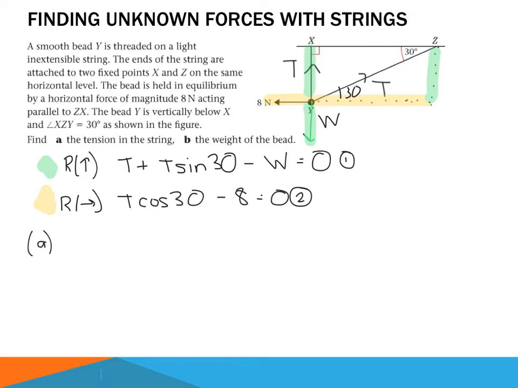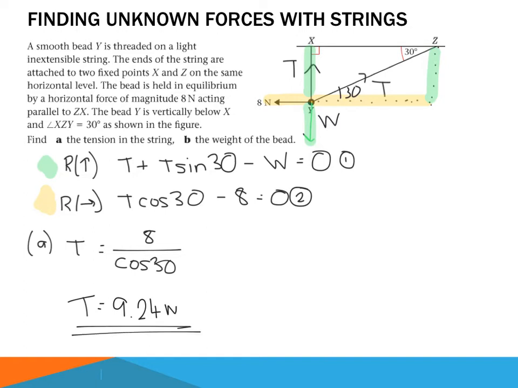So if we rearrange that, we're going to have T equals add the 8 and then divide by cos 30, giving us a tension of 9.24 newtons, correct to 3 significant figures. Then we look at part B, which is finding the weight of the bead. So we'll rearrange equation 1 for this. Just go back and note that that was equation 2 that we used there.